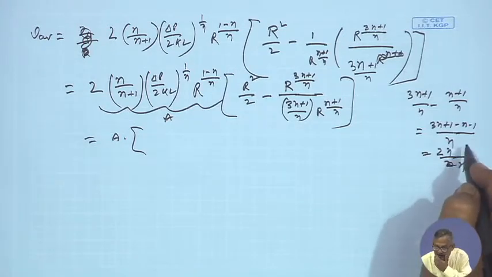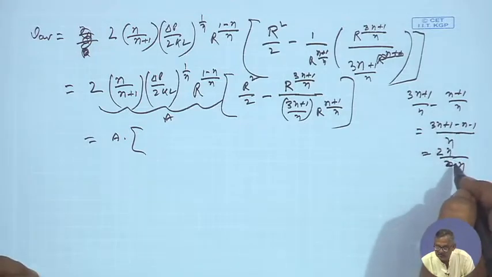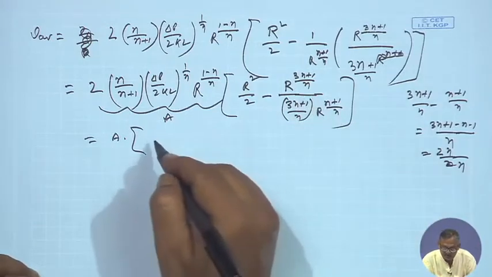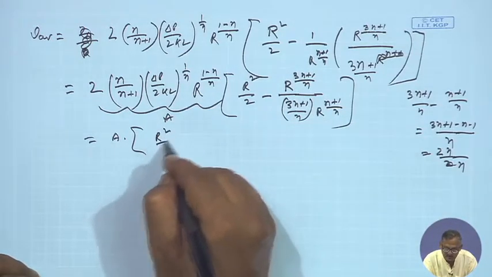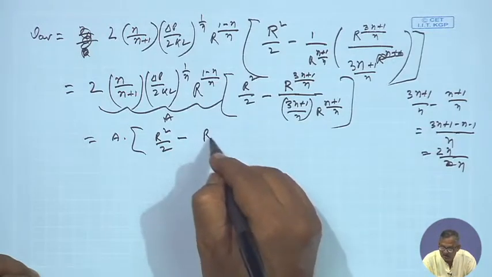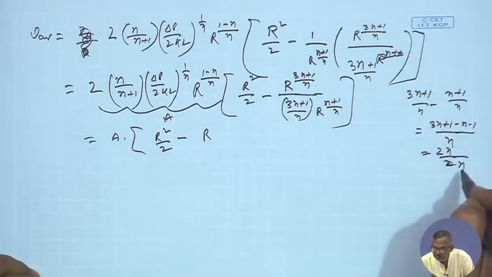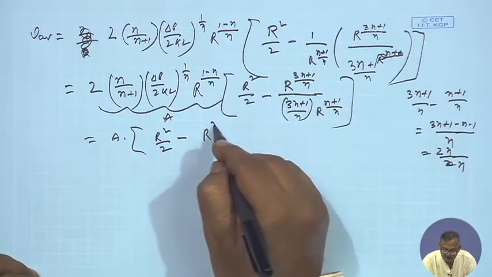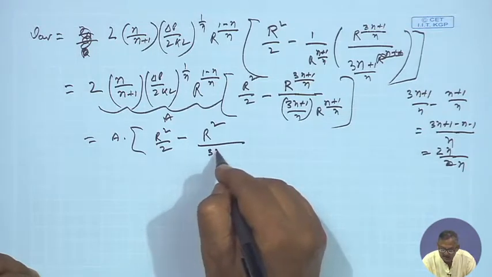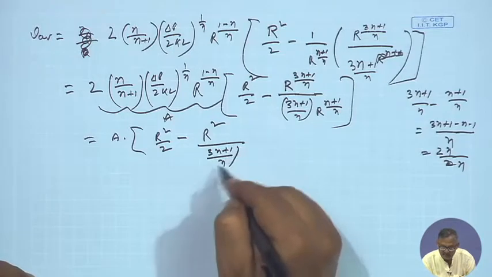So, this 1 goes out, this is 2n, that is r. So, here it is r square by 2 minus, this is r to the power 2n by n, so that is r square again by 3n plus 1 by n, right.